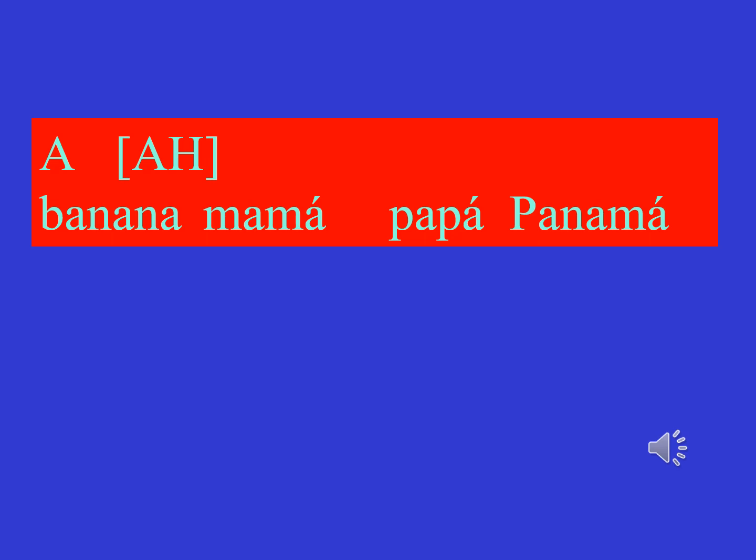We will now do the 5 vowels, and I will give you examples in Spanish. And please note that every time the letter appears, it's pronounced exactly the same way. A, a, banana, mama, papa, Panama.